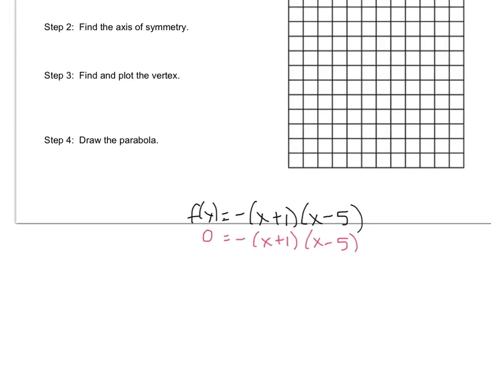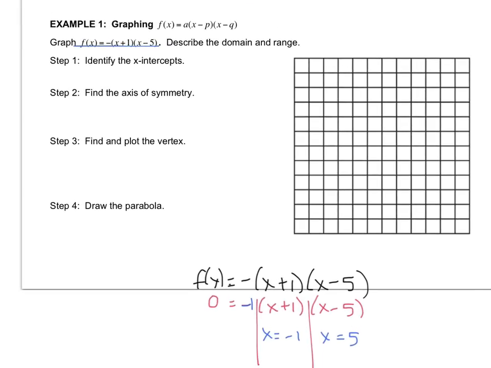So let's do it. Drop a line down each of the terms. Well, negative 1 doesn't get solved, so it just stays. For x plus 1, I'm going to shortcut. The x value would be negative 1, and here the x value would be 5. So what I want you to understand, and I'm going to go back up to the function, is that when you're looking at factored form or intercept form, it's whatever you need to make the factor 0.